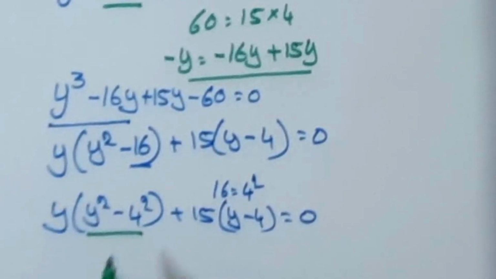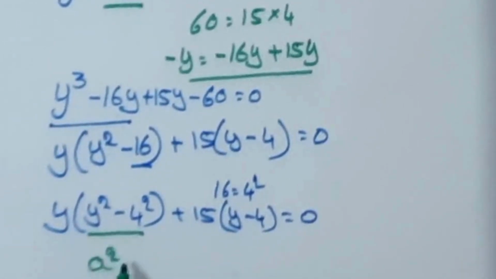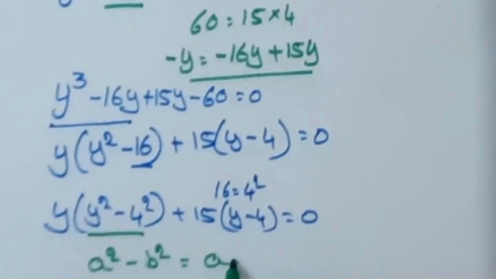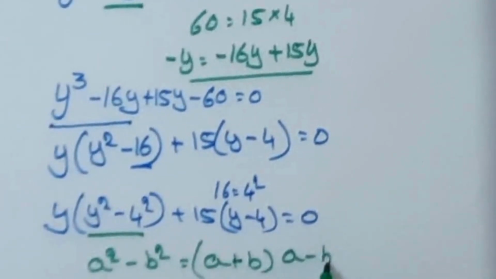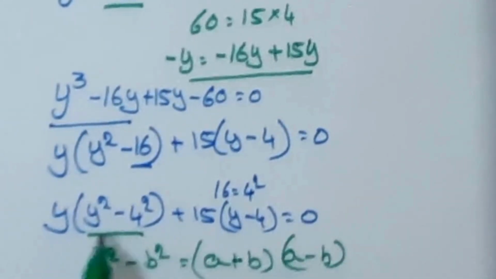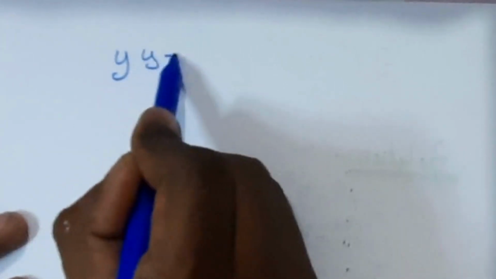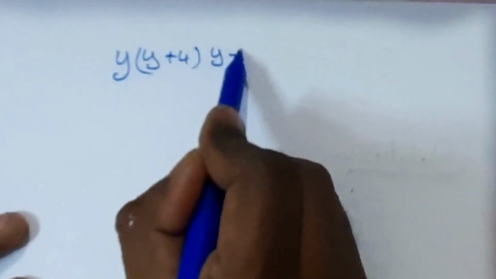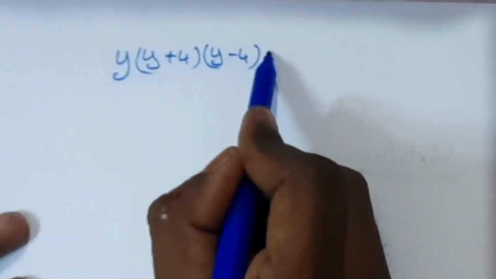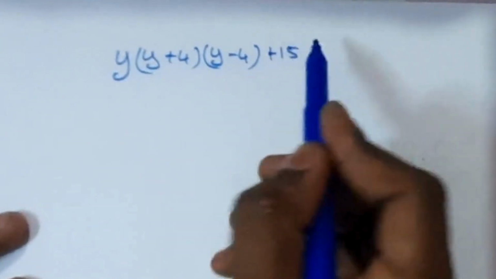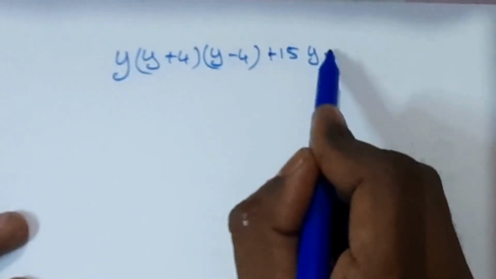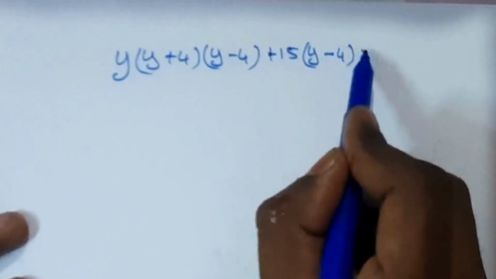We know the formula for this: a square minus b square equal to (a plus b)(a minus b). We are going to apply this here. y(y plus 4)(y minus 4) plus 15(y minus 4) equal to 0.